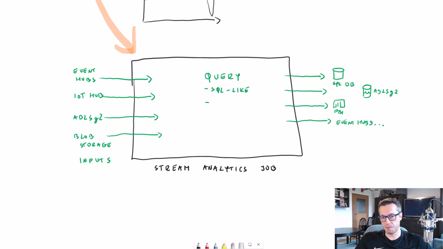If you would like to, you can write your own functions or aggregates using JavaScript. If the stuff that is built into Stream Analytics is not enough, go ahead, write your own code in JavaScript.